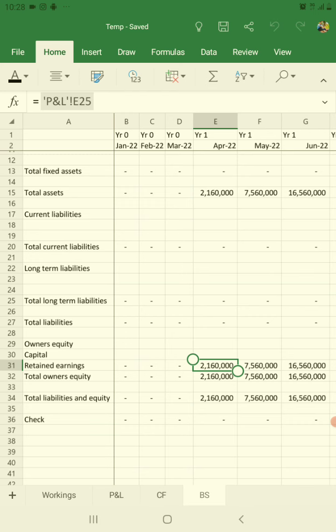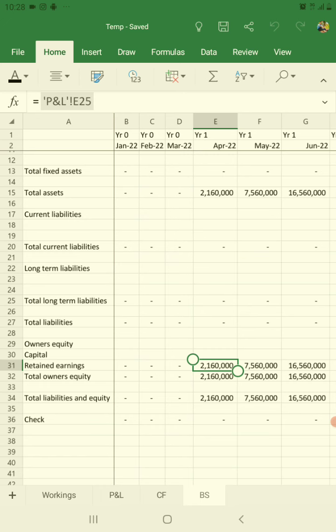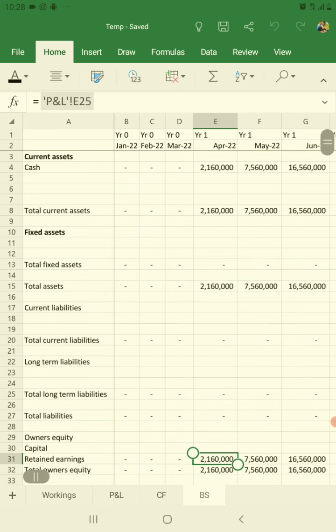And in the cash flow statement also, cash flow at the end of the period is captured in the balance sheet and reflected as cash, as you can see in the current assets, as cash at the end of the period. So those are the two items that have been captured in the balance sheet as stock items at the end of the month.